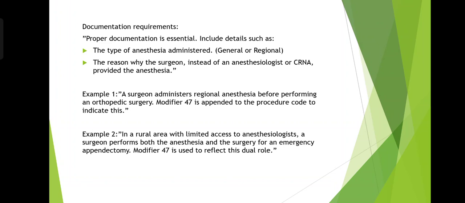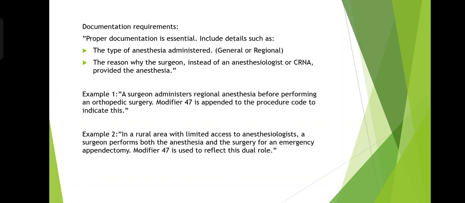Why did the surgeon provide it? Whether the anesthesiologist or CRNA was not available during the procedure, this needs to be mentioned in the documentation. The type of anesthesia given by the surgeon should also be mentioned, general or regional. If it is local anesthesia, we do not need to add modifier 47.